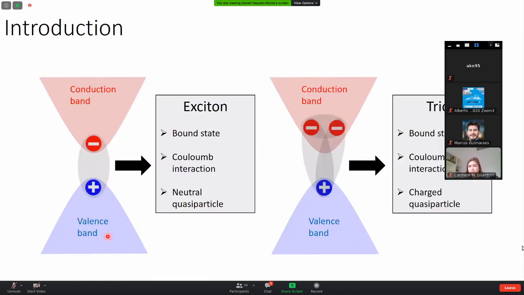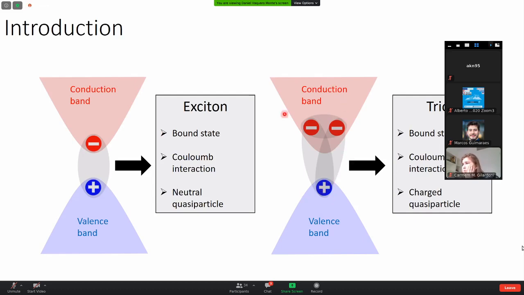To introduce, first of all, I'm going to explain what excitons and trions are, which are the principal spectral features that we have in our spectra. An exciton is a bound state that is formed in the materials. It's formed due to the bound state of an electron in the conduction band and a hole in the valence band due to the Coulomb interaction, and this forms a neutral quasi-particle.